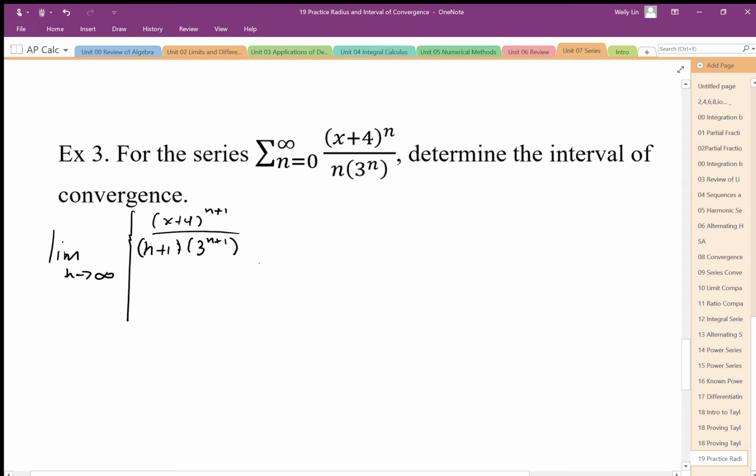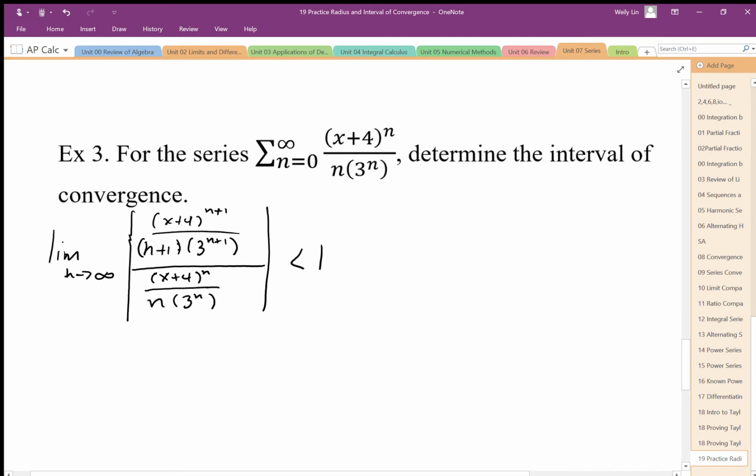And then the other term is going to be just to the power n. Okay, so there's my ratio test.